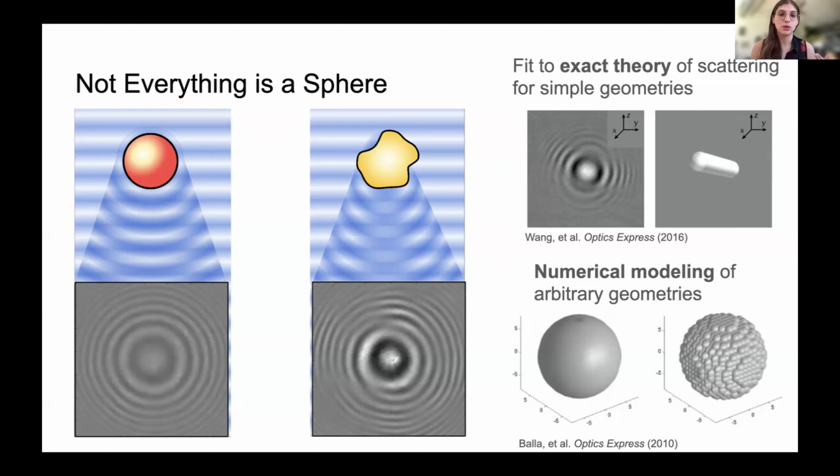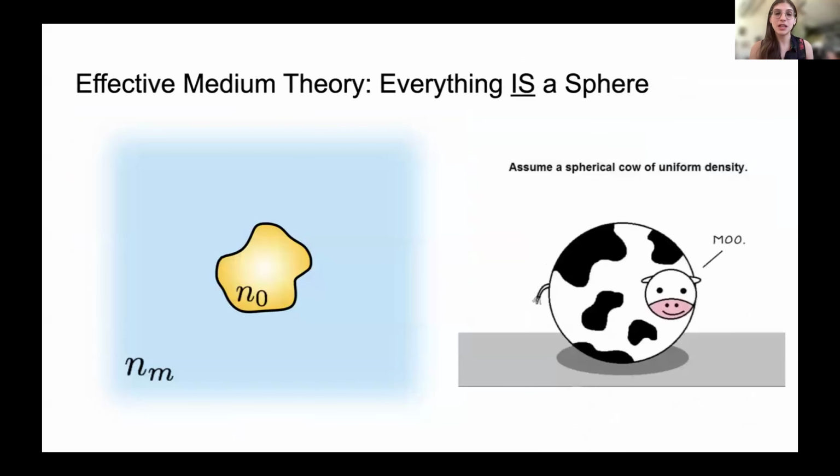So what I would propose is an alternative technique to either of these, which is effective medium theory. Effective medium theory says that everything actually is a sphere. So we're just going to take this asymmetric object and treat it as if it were a sphere and extract as much information as we can under that construction.